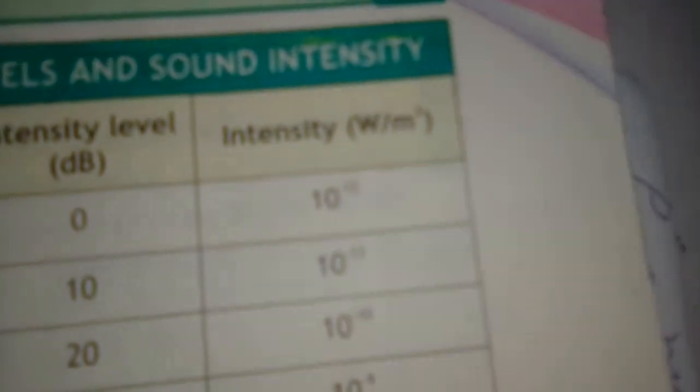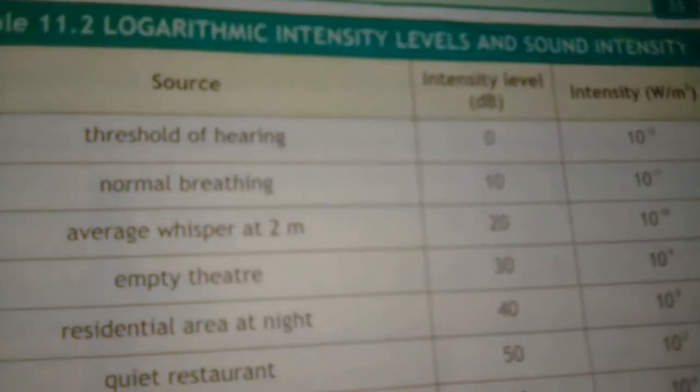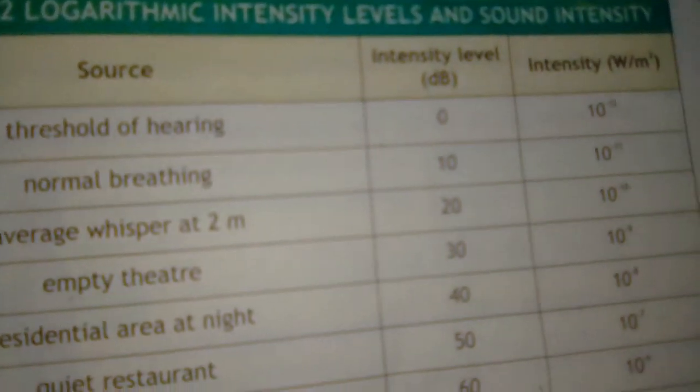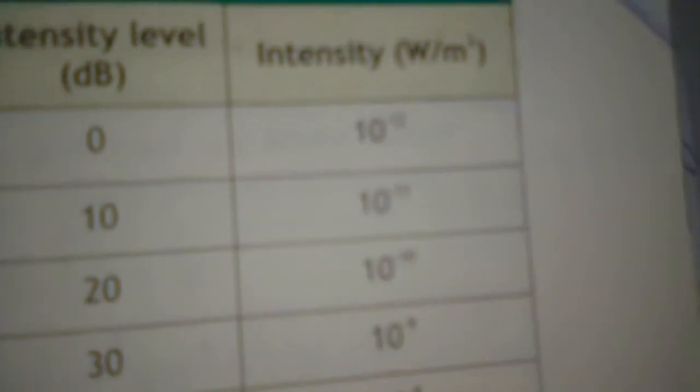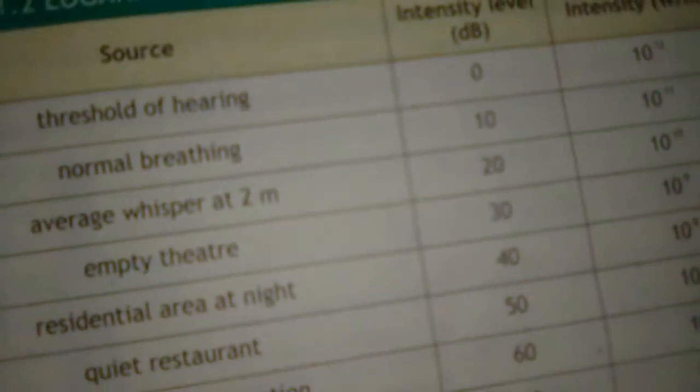So the intensity of the faintest audible sound is 10 power minus 12 watt per meter square, and its intensity level is 0 decibel. The intensity level of normal breathing or rustle of leaves, 10 power minus 11 watt per meter square, is 10 decibel.